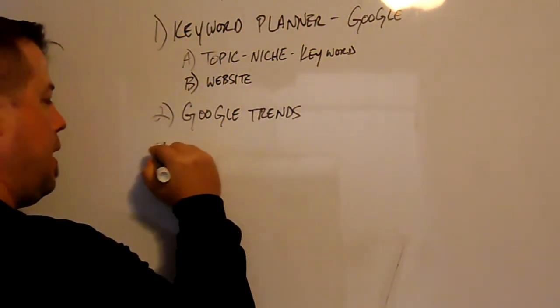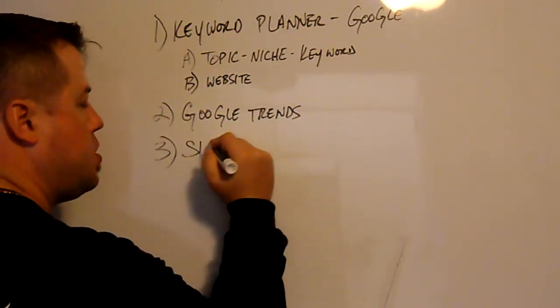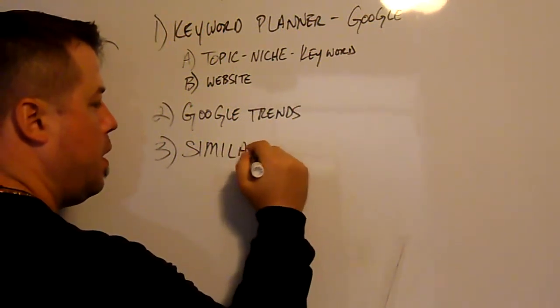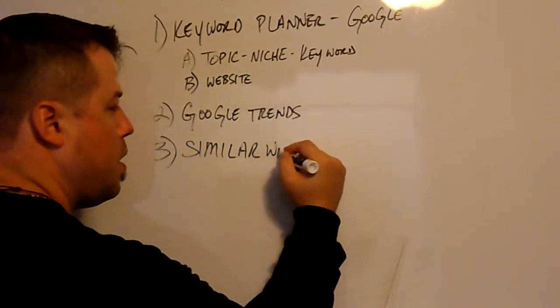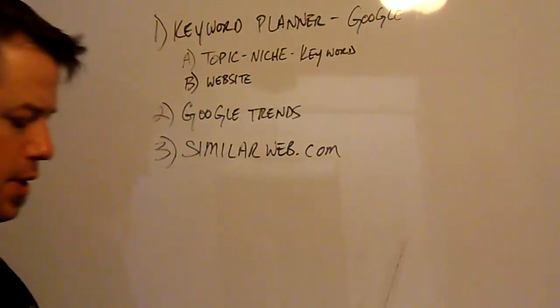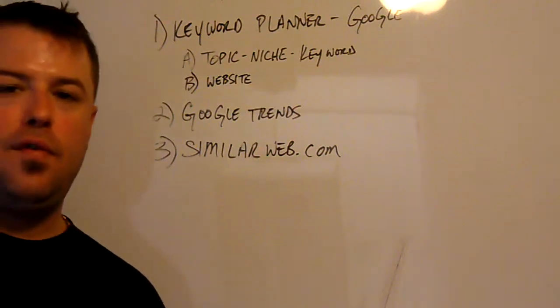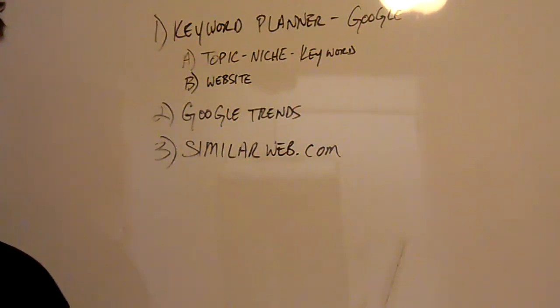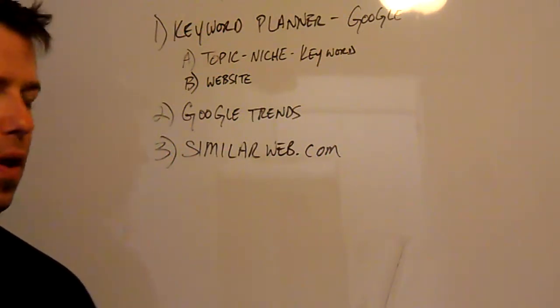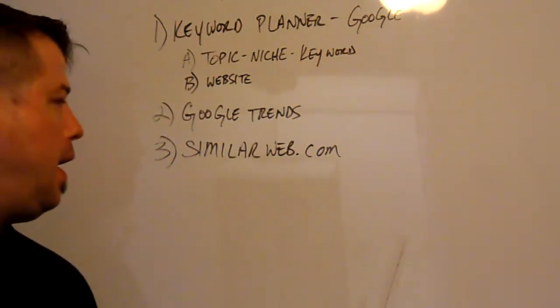And then the last but not least, I like to use a site called SimilarWeb. This is one that, for those of you who watch anything that I've done, I use a site called Similar Sites on a regular basis, and for a lot of different reasons, okay?